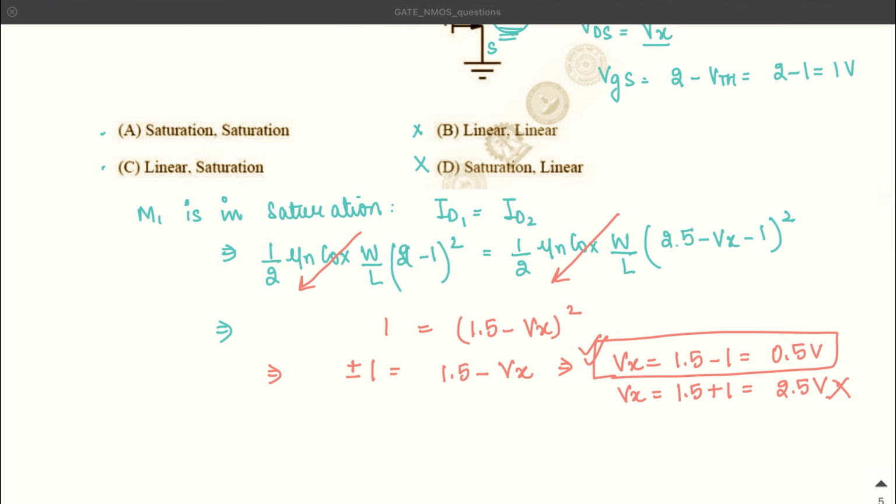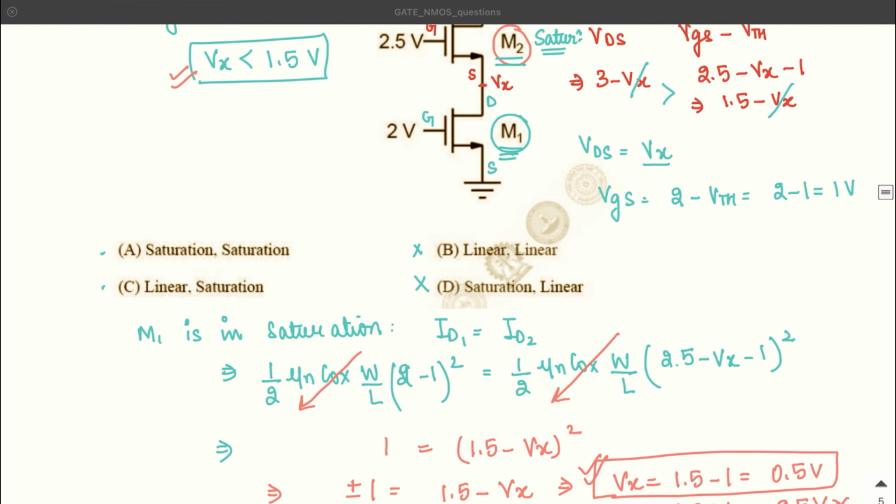If Vx is equal to 0.5 volt, coming back to this analysis, then 0.5 volt is obviously less than VGS minus VTH, which is 1 volt. This means that the transistor M1 cannot be in saturation. It is in linear actually, but you have assumed that it is in saturation.